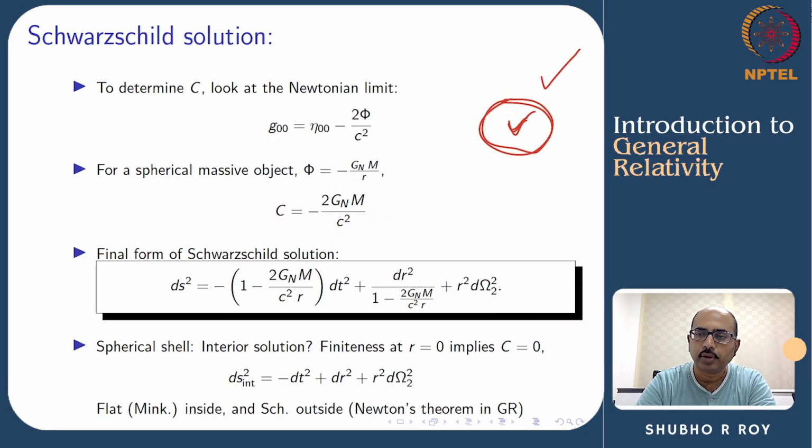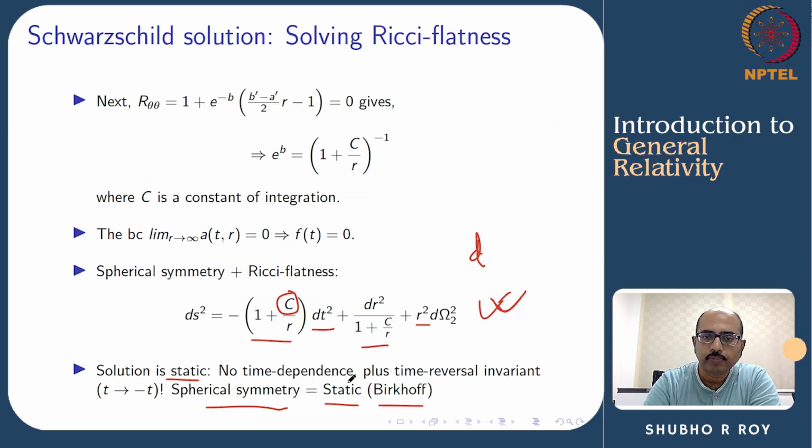Of course, the solution will include the origin, which is r equal to 0, and there is nothing there. So we expect the metric to be regular, that is finite at r equal to 0, with finite derivative. But if I look at the general form of the solution and take r equal to 0, this metric blows up. So at r equal to 0, this is not regular, unless we set C equal to 0, because then this term vanishes entirely.